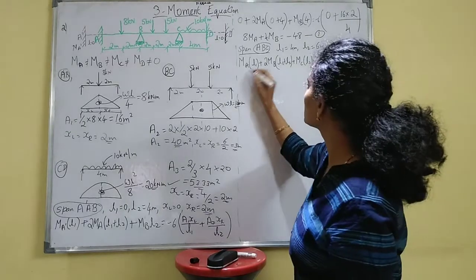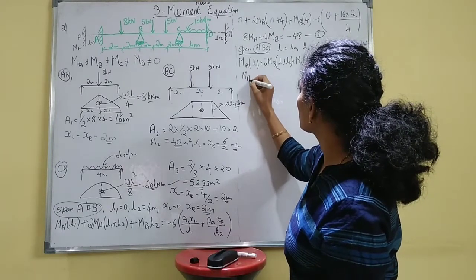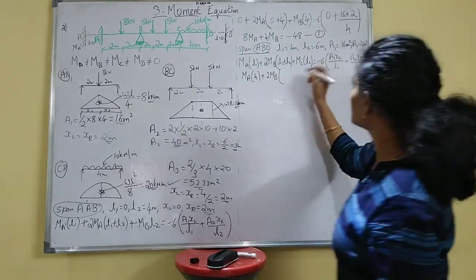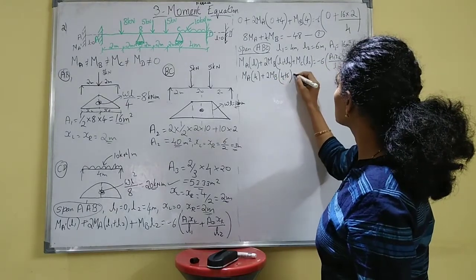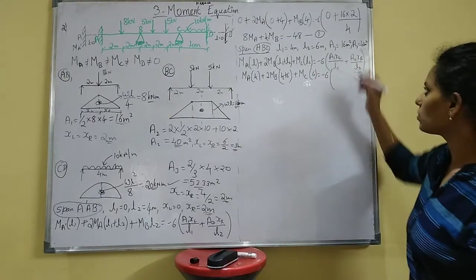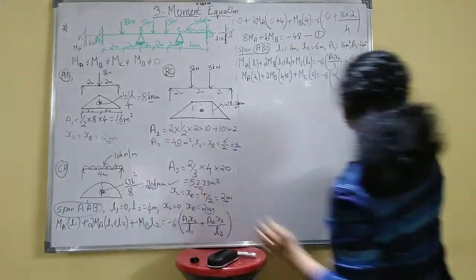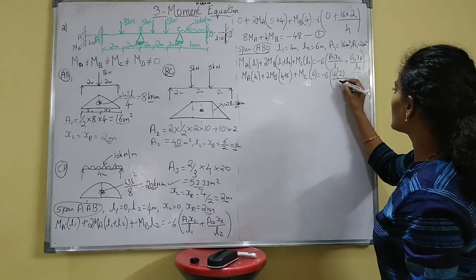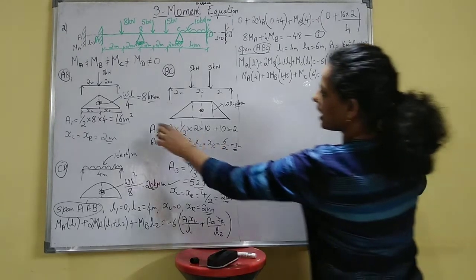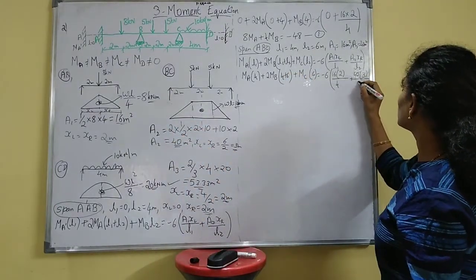Now substitute. MA L1 is 4 plus 2 MB L1 plus L2, that is 4 plus 6, plus MC into 6, which is equal to 6 into, what is A1? 16, and XL of this, that is 2 meter, L1 is 4, plus 40 XR of this, XR is nothing but again 3 divided by 4.